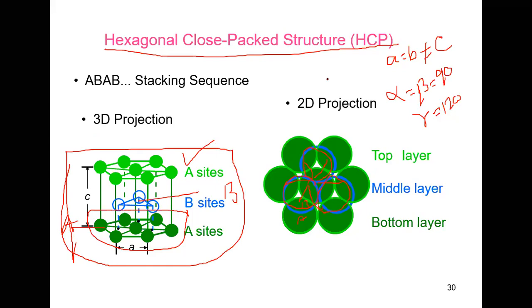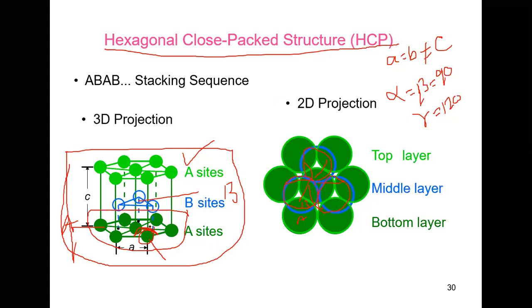Now we always calculate how many atoms there are in a unit cell of the hexagonal close-packed structure. To calculate the number of atoms per unit cell, each corner atom is shared. This angle is 120 degrees, so it can be shared by a maximum of 3 unit cells, because 120 times 3 is 360. 3 unit cells at its own level, and 3 at the bottom.